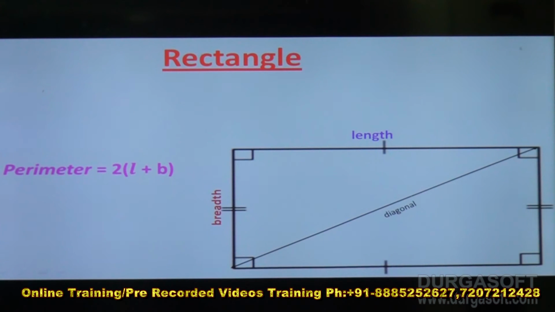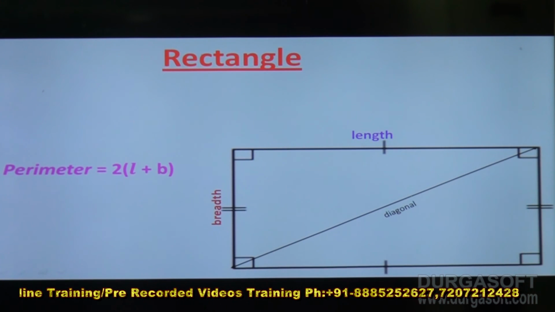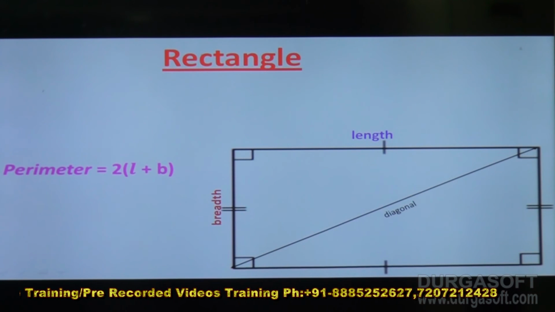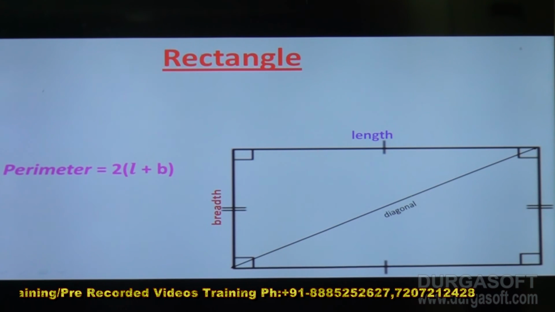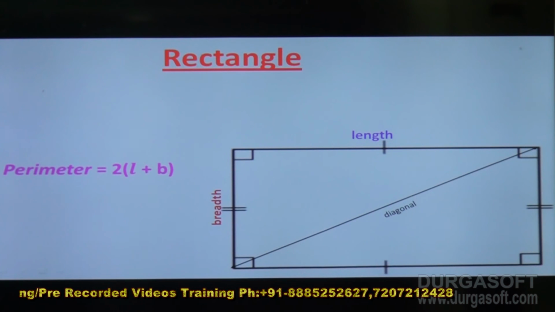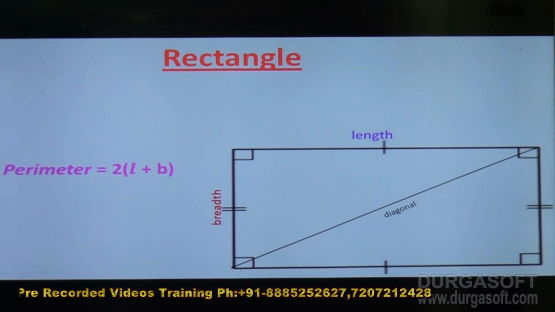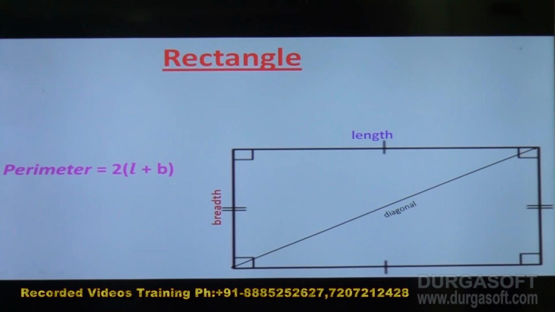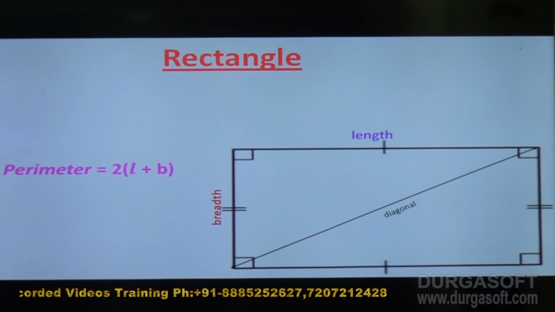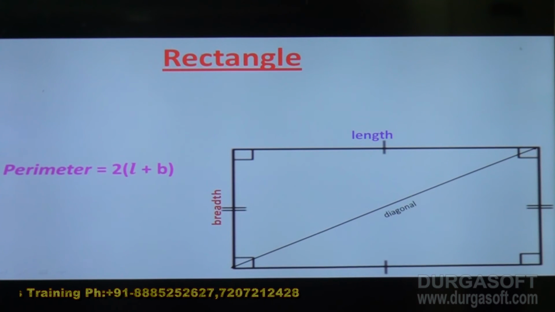If we see here in the rectangle figure, here is the length and this will be the breadth and this is the diagonal, where in a rectangle opposite two sides are equal and the other opposite two sides are equal. That means two parallel sides are equal in a rectangle, and you can see the diagonal here, and the angles also remain the same.